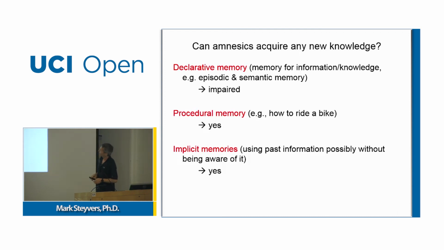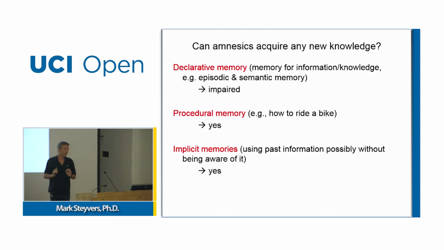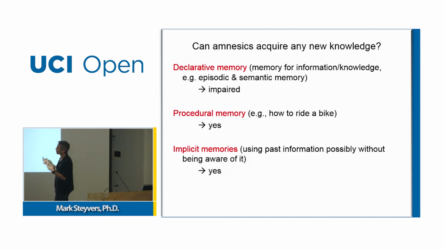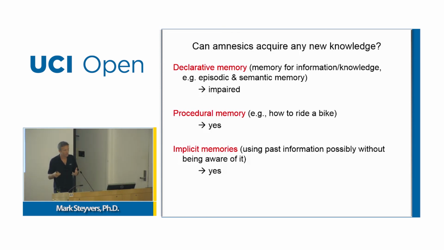So just to summarize, can amnesics learn new knowledge? When it comes to declarative or explicit memories, they are severely impaired. When it comes to procedural memories, learning new skills, they can. They can learn to play new musical scores, new instruments, physical things. So generally, their implicit memories are spared.